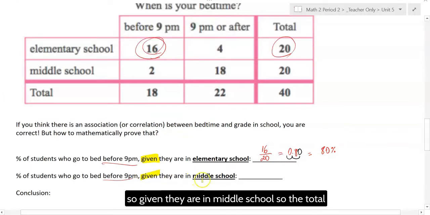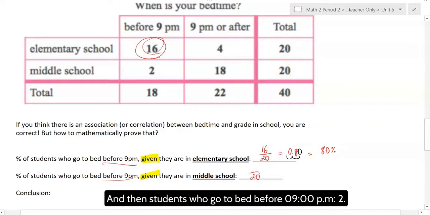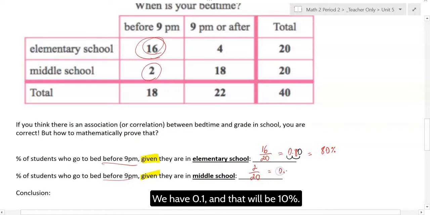The total number of people in middle school is also 20, so our denominator is 20. And students who go to bed before 9 p.m. are 2, so 2 out of 20, we have 0.1, and that will be 10%.